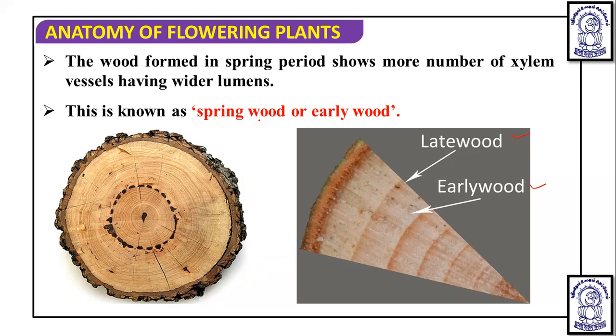In the spring season, the vascular cambium is very active, so it produces a large number of secondary xylem elements. Secondary xylem elements are nothing but vessels, and they have wider lumen or cavities.